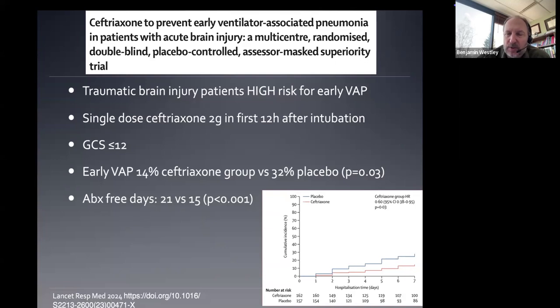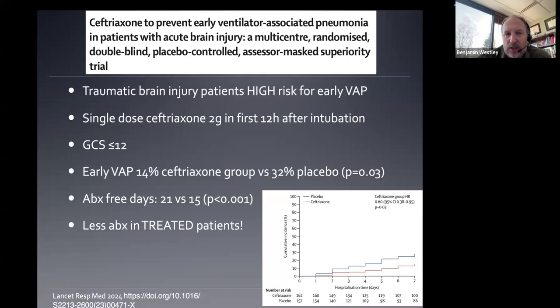So many extra pneumonias in the untreated group that they ended up getting more antibiotics. So the argument with this study was that that single dose actually decreased the amount of antibiotics the patient would receive in the hospital. So that was pretty exciting.